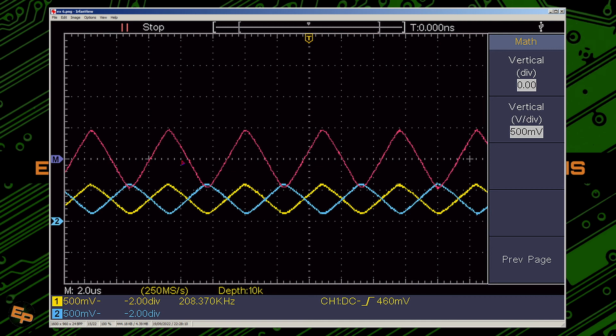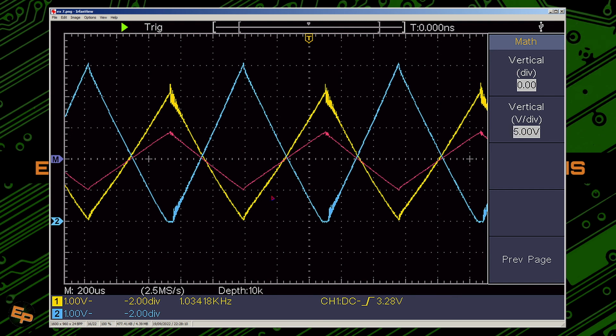But of course, if you need higher frequencies, you can just change those capacitors for different values. Still, the circuit still functions and does what it needs to do. And this is what I wanted to see in these tests.